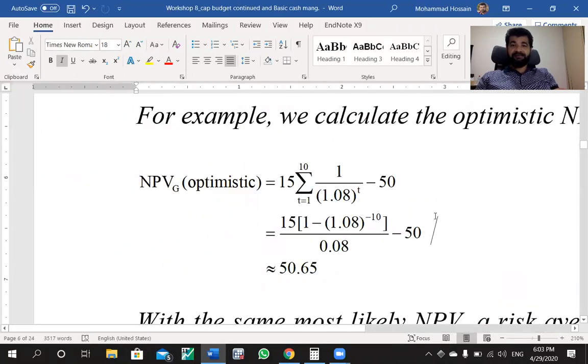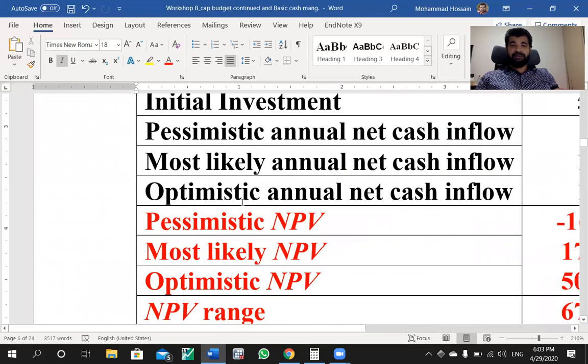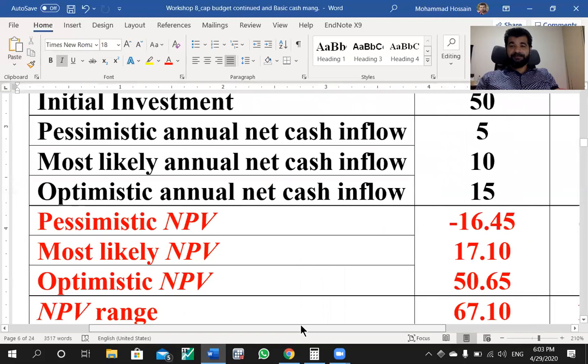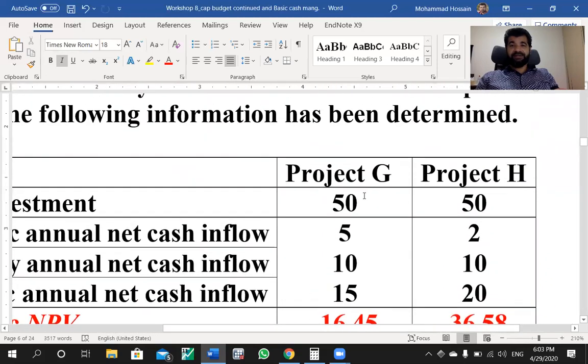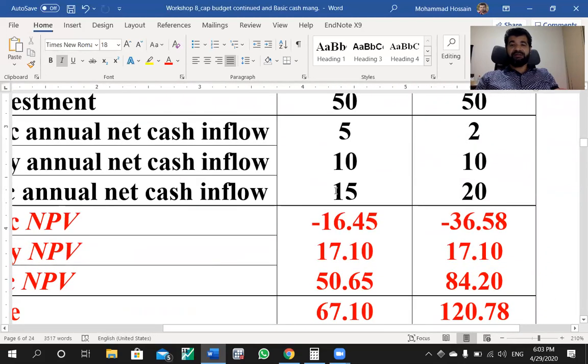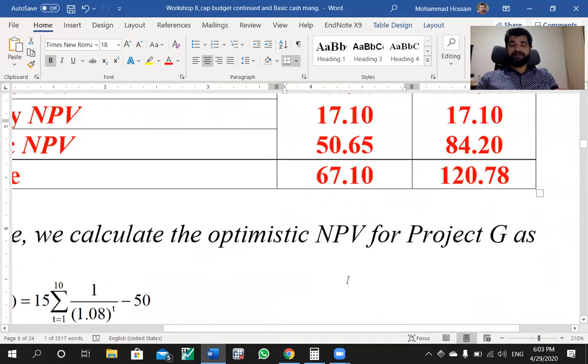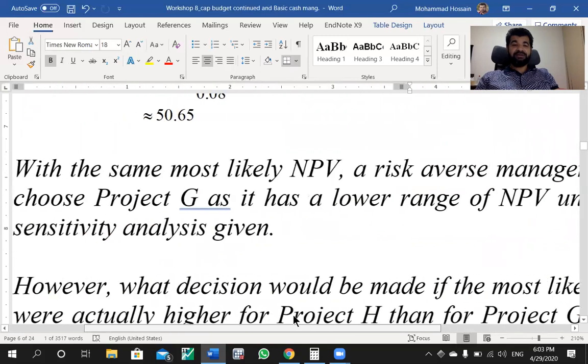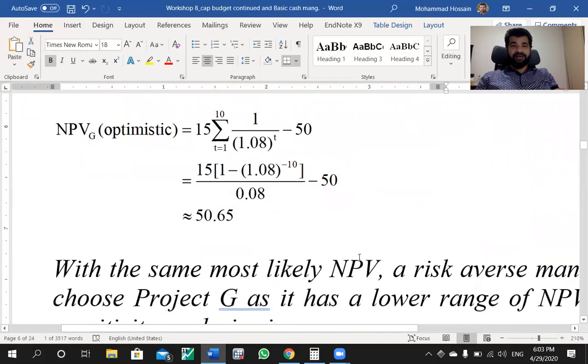You see it here. 15 is our optimistic net cash inflow. If you go up, the optimistic situation, see, 15 is for project G. Our 15 is our net cash inflow. So what we are trying to calculate is the net present value from the cash flow.